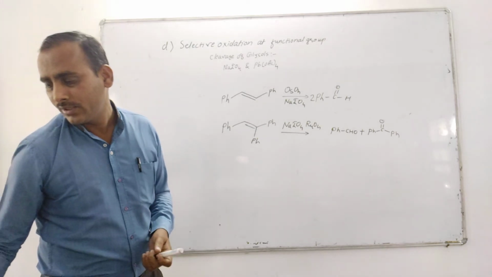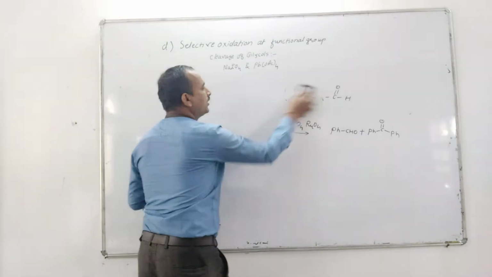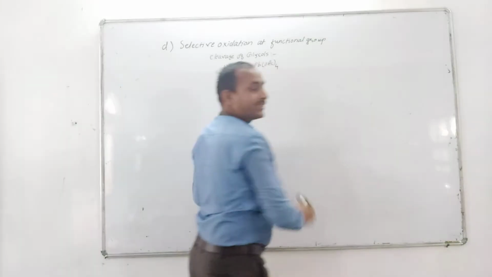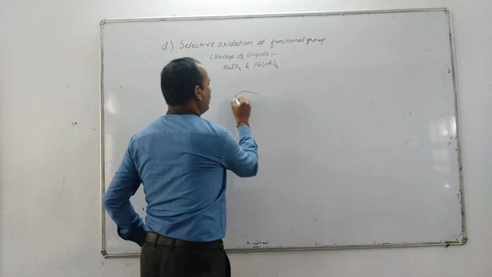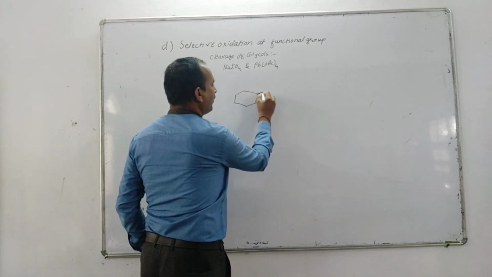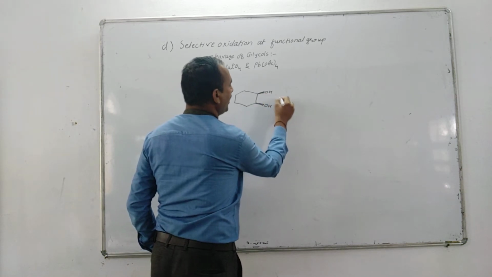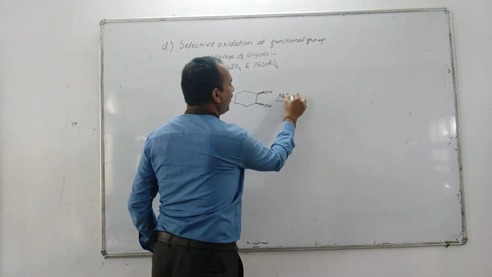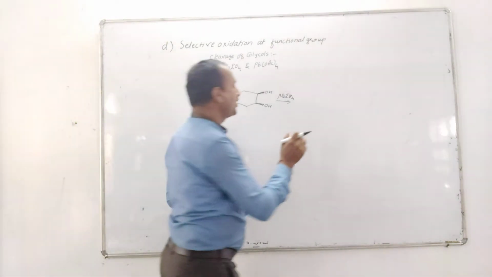Okay, let's take more examples of diol. Cyclic cyclohexane diol, OH, then NaIO4 sodium periodate undergoes cleavage.